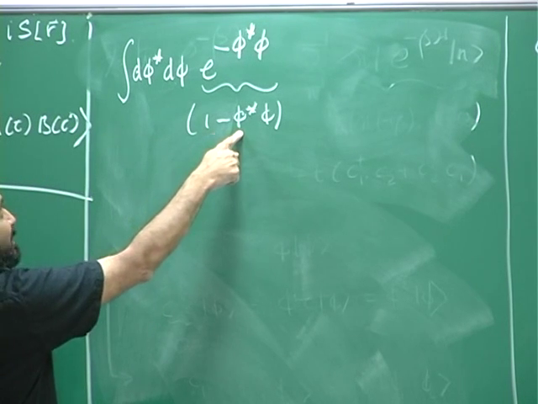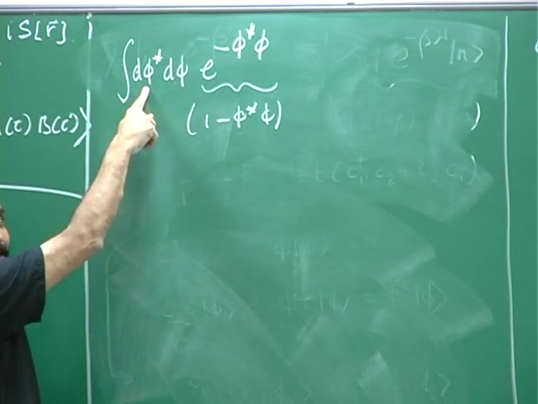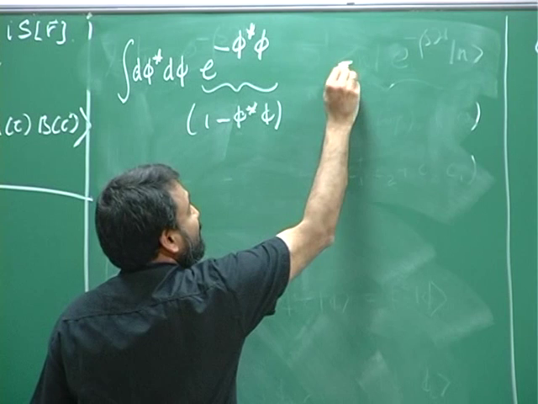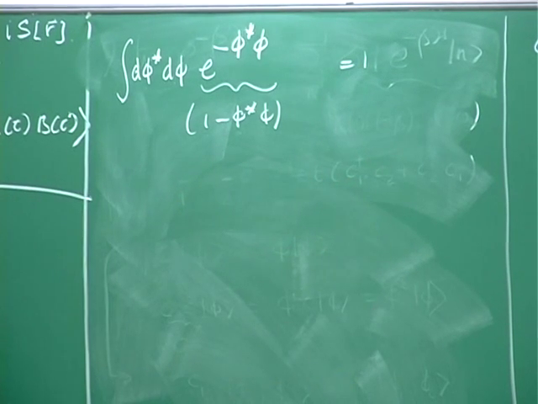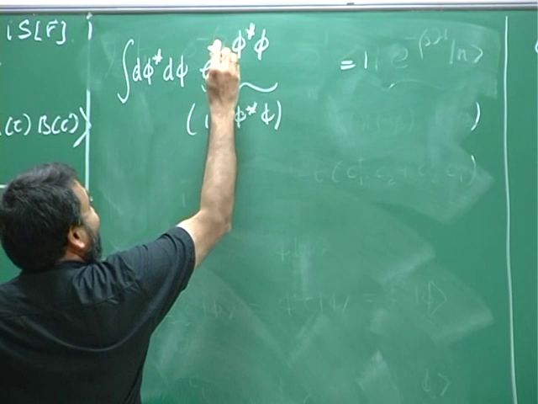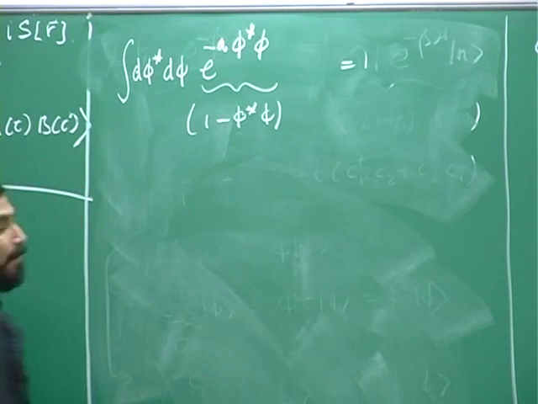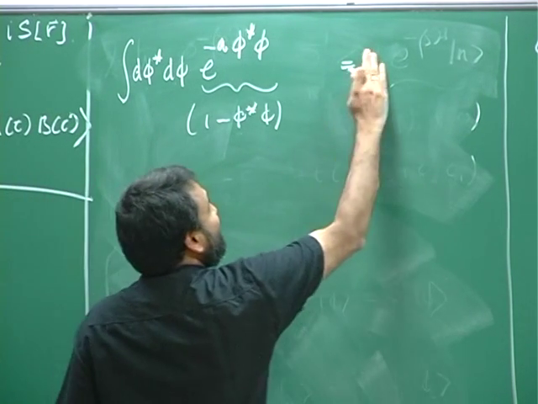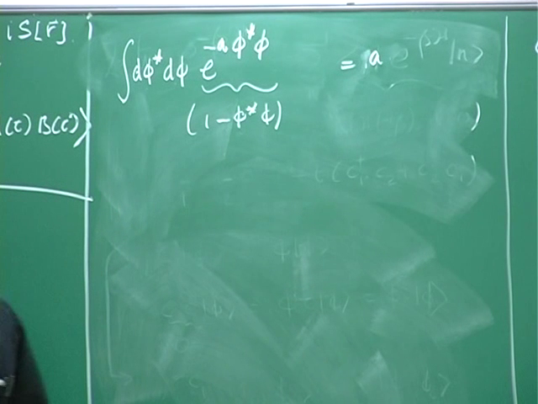And then I'm left with phi star, which integrates with d phi star to give me 1. So the answer is 1. Good? Okay. Suppose I change this to A. What will be the answer? A. Good? Okay, so that's one result I need.